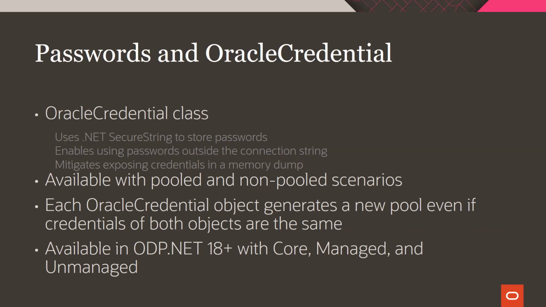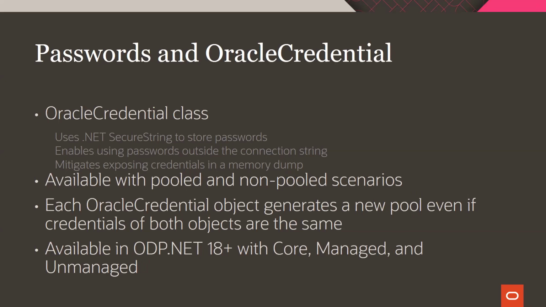So it's pretty secure, and it's available with both pooled and non-pooled connections. Each Oracle Credential class object generates a new pool, even if the credentials of both objects are the same. So that's something to keep in mind. If you use the same Oracle Credential object over and over again, they will use the same pool.